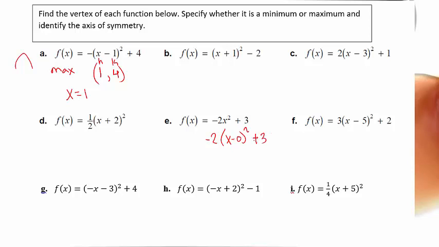It just looks a little bit more normal to me because it's in vertex form. Because this number out front is negative, it's frowning again. So it looks like we're going to have a max. We would go right 0 and up 3. So that puts you at 0, 3. And then your axis of symmetry is x equals h.